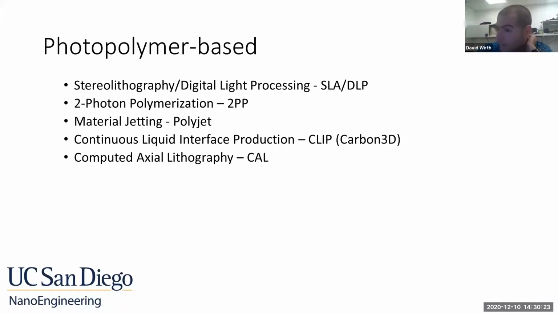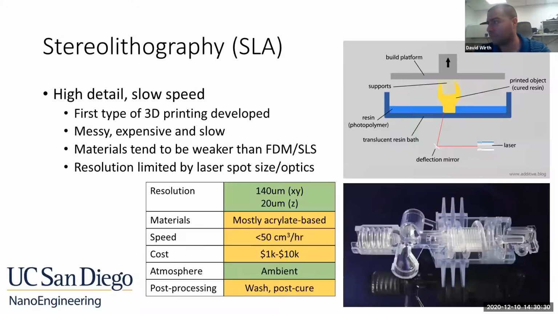So now we get into the kind of photopolymer-based 3D printing, and these are kind of interesting, because it's a completely different method. So the very first 3D printing technology that was ever developed was stereolithography, SLA. Don't quote me on that. There might have been some early crazy stuff, but this is the first one that people really looked at. You can get pretty high detail, but it's very slow.